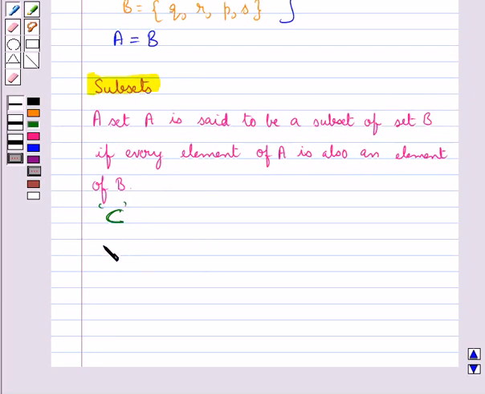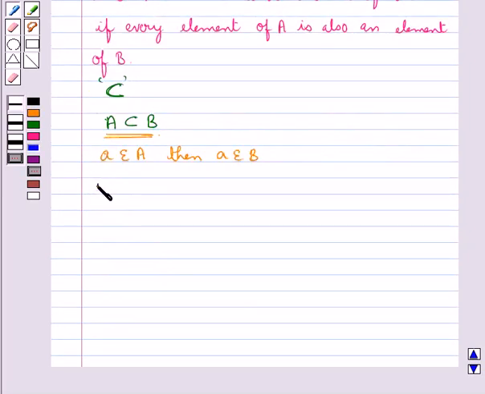So when we say that A is a subset of set B, we write it in this form. And if an element a belongs to a set A, then a belongs to the set B whenever A is a subset of B. A is not a subset of B is written in this form.